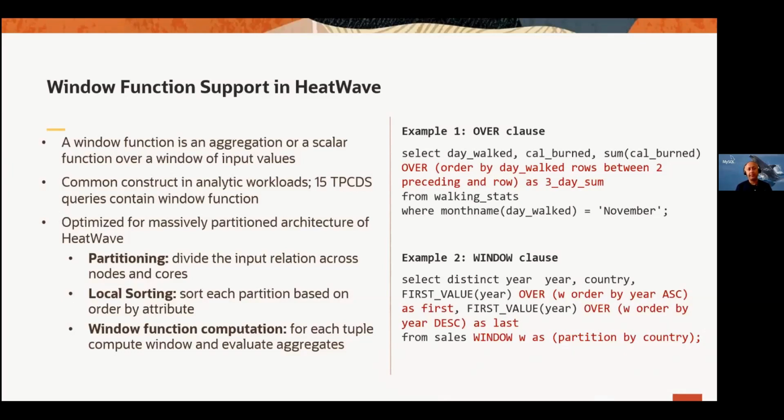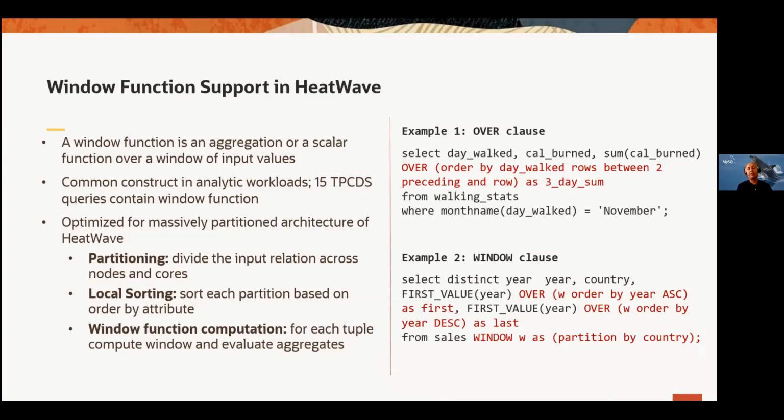So we take the data, we partition it across the various nodes, and then within each node across each core of a VM. And then once the data is partitioned across all the cores, we do local sorting on each core. And then the window function computation is done for each tuple on each core.